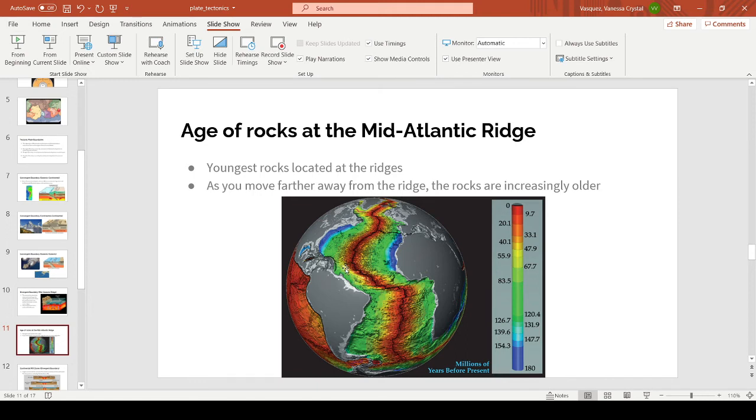So at the mid-Atlantic ridge, it's forming new oceanic crust at a very young age. Whereas when you move away from the mid-Atlantic ridge, we see that these rocks that are pushed outwards, the oceanic crust as it's pushed outward, they are 180 million years old.